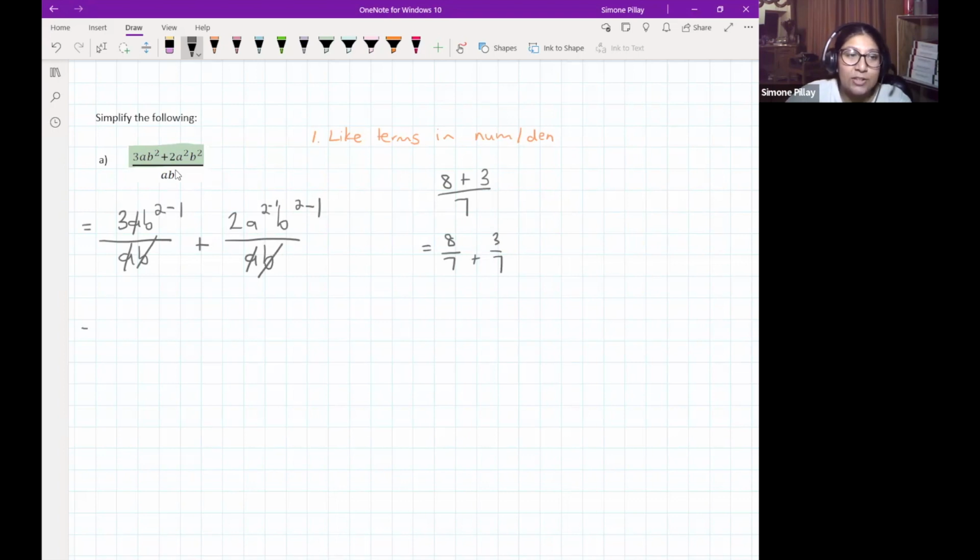Okay. And so now, while you're here, can you give me what this answer is going to be? It's going to be 3 b to the power of 1, plus 2a to the power of 1, and then b to the power of 1.